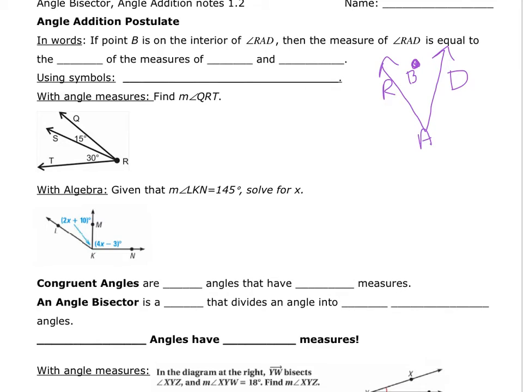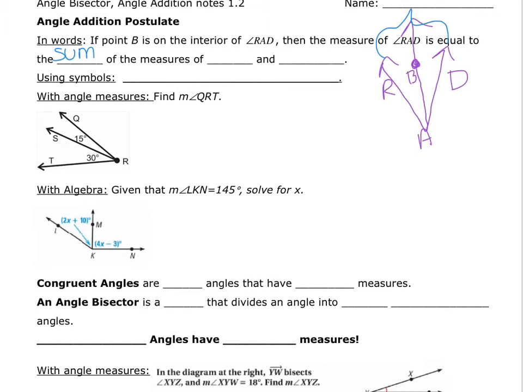Then the measure of angle RAD is equal to, well, if point B is on the interior and we can cut this angle into two different angles, then this whole entire angle RAD is equal to the sum of the measures of the two smaller angles.